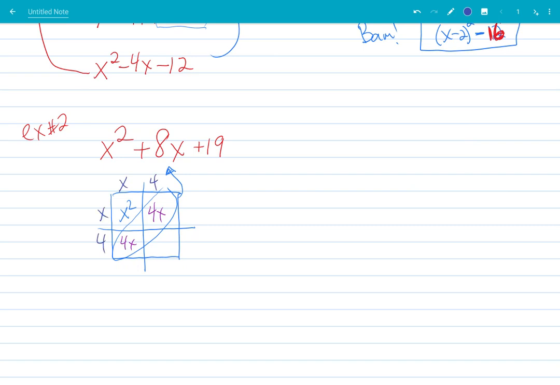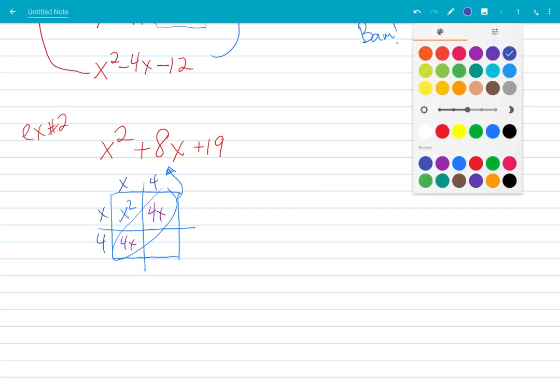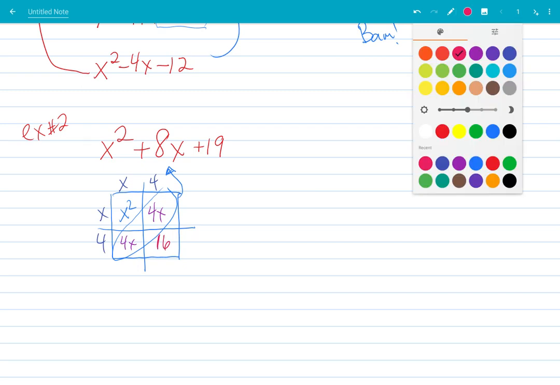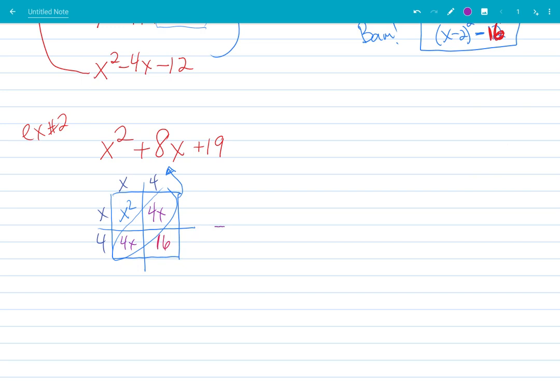Now this becomes 16 here, but it's supposed to be 19. +3 on the side of the square, which means these two combined have to equal that. So we're going to force it, we're just going to tweak it.